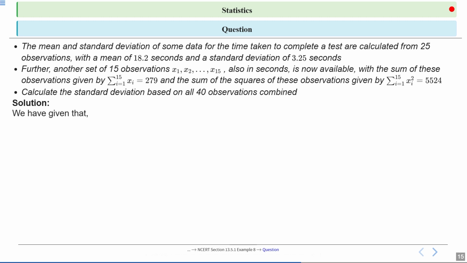So we have given that in first set we have 25 observations. So n1 is equal to 25 and mean x1 bar is 18.2 and standard deviation sigma 1 is 3.25.